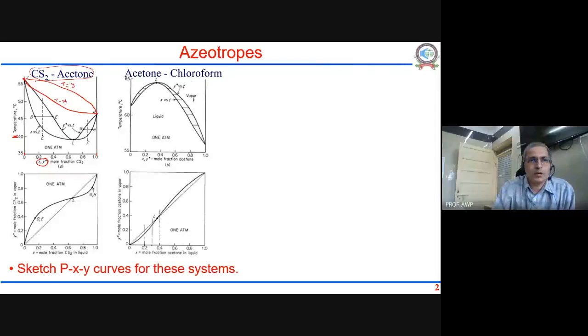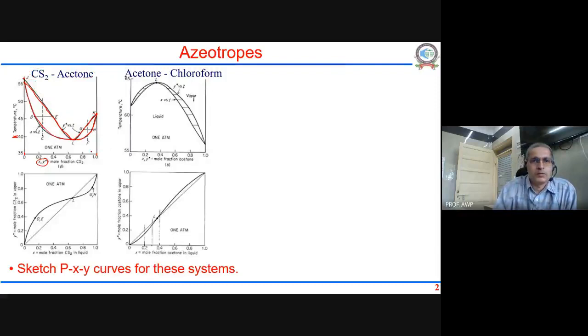But now it is not looking like this. It is looking like this. The Tx line is like this, and the Ty line is this. Right?